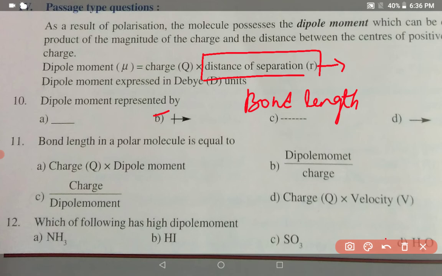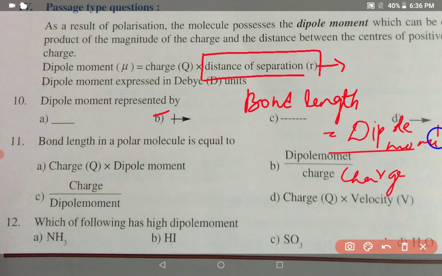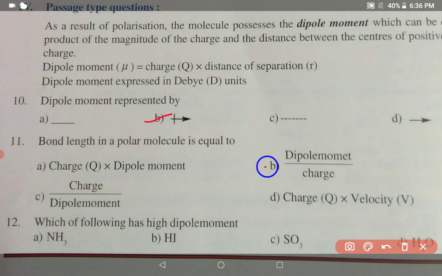That means it is going to be division. Now dipole moment divided by charge. So now which is the correct answer? Obviously B, dipole moment divided by charge. Here there is a spelling error.